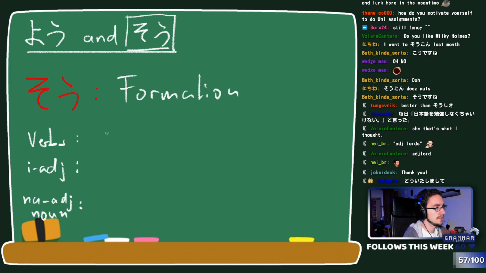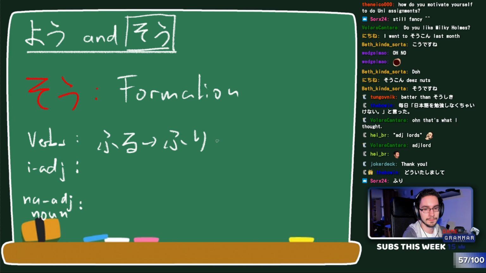So furu, to rain, to precipitate. Furu plus so. Okay, how do we go about this? Well, we need the masu stem. What's the masu stem? It's the masu form without masu itself. So basically, you'll be looking at making furu into furimasu, but without masu. So just furi.